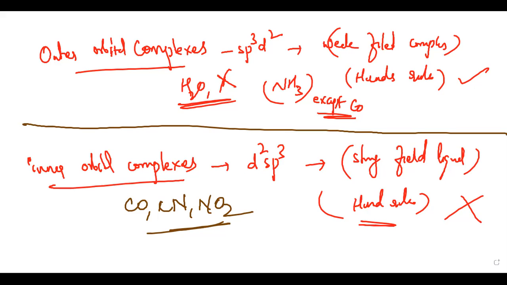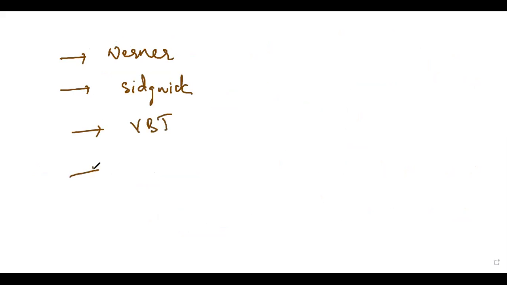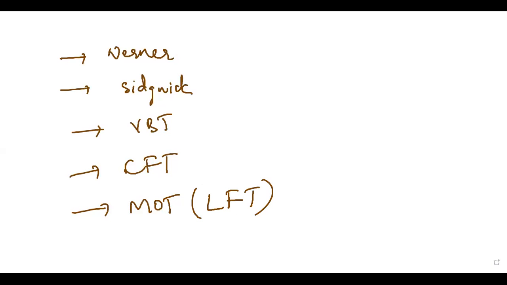And remember this, I already told you in the last session that first of all, the first scientist in this theory was Werner. Next came Sidgwick, he is the next scientist. He gave some postulates about the metal complexes, and after that VBT theory, again after that CFT theory, and after that MOT theory, which is sometimes also called LFT theory. That we will tell you in the next session. But you should remember these things also.